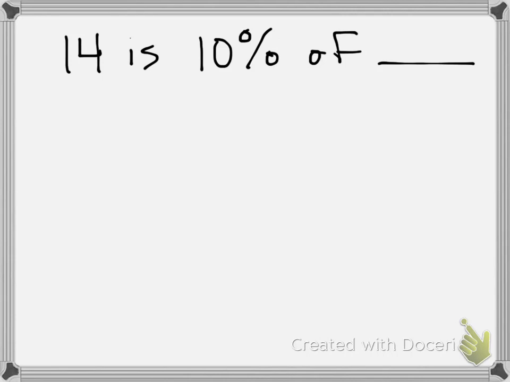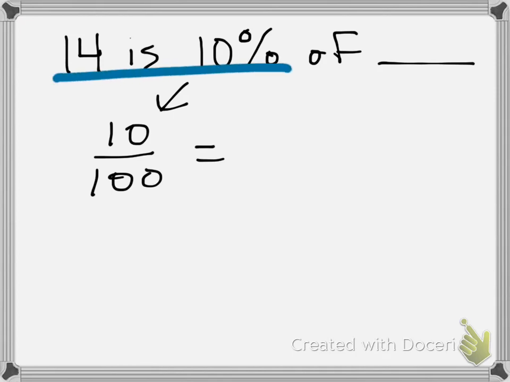So if you remember, the percent is on the left side, so we're going to take this 10% and write 10 out of 100. On the right side, it's going to be the part over the whole. If you remember from this last problem, whenever it says 14 is 10%, that's a dead giveaway that 14 is the part. So since 14 is the part, we don't know the whole, x is going to go on the bottom.